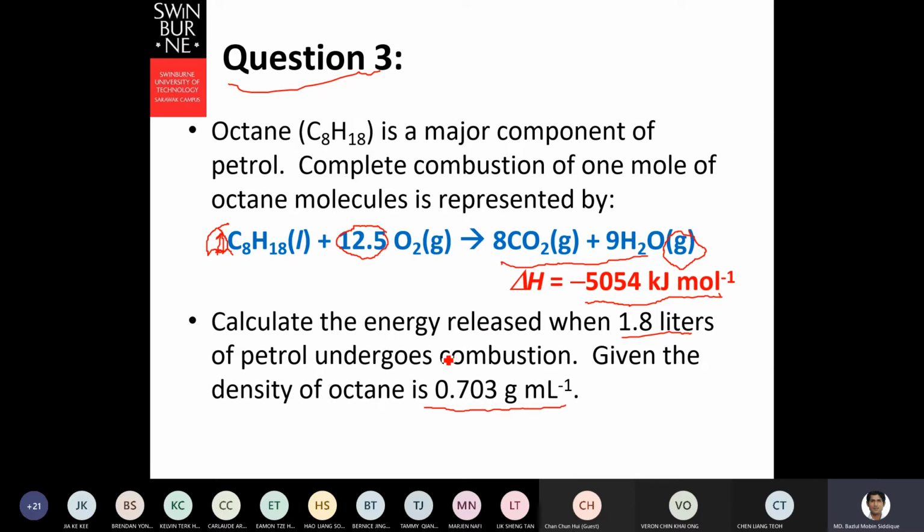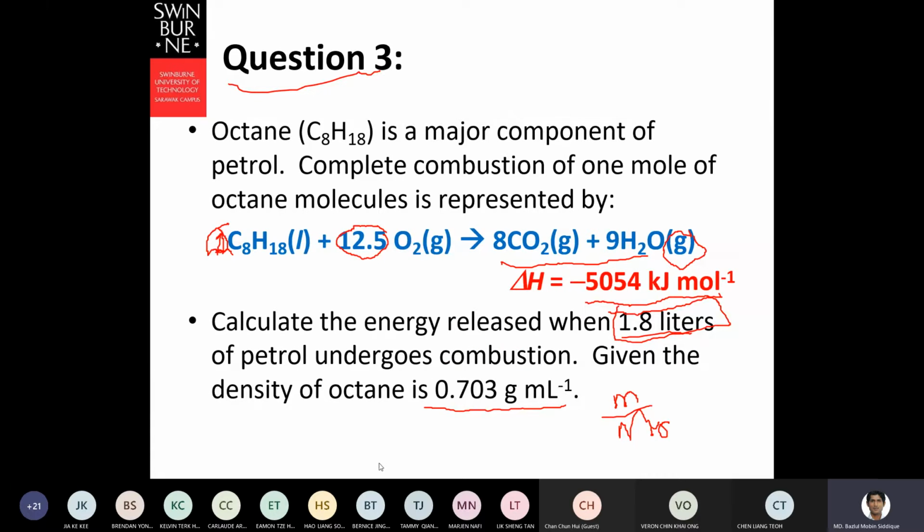We have to divide the mass of octane over the molecular mass, so that will be m over Mr, just like the previous slide. But to find the mass of octane, because this is in volume, liters, we have to convert the 1.8 liters to mass first.